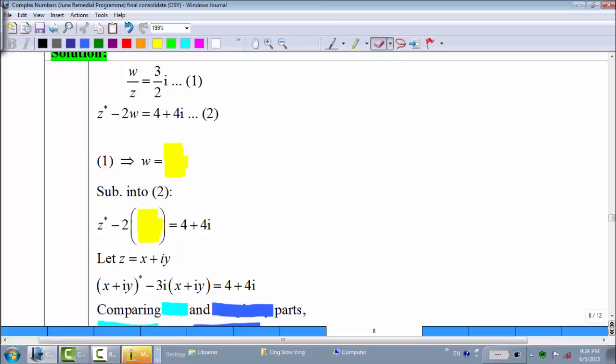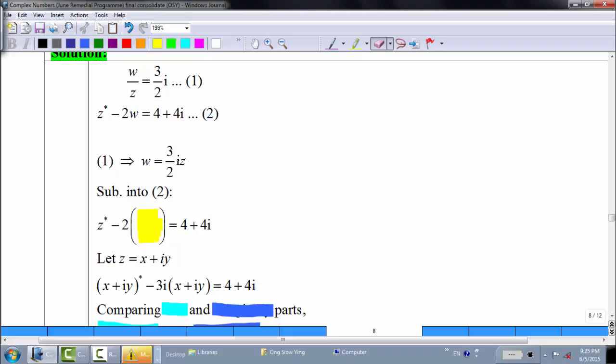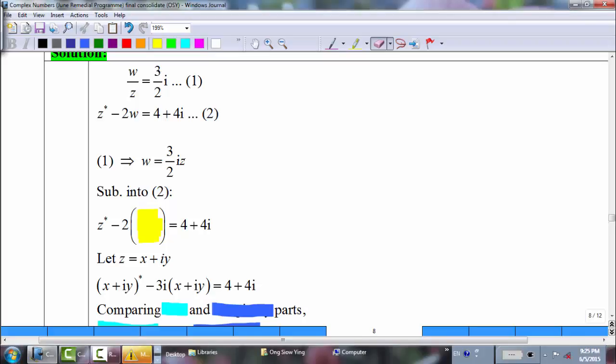Let's call the two equations equation 1 and 2 respectively. From equation 1, you can just cross multiply, bring your Z over, and you will be able to get W equals 3 over 2 iZ by bringing this over, okay?